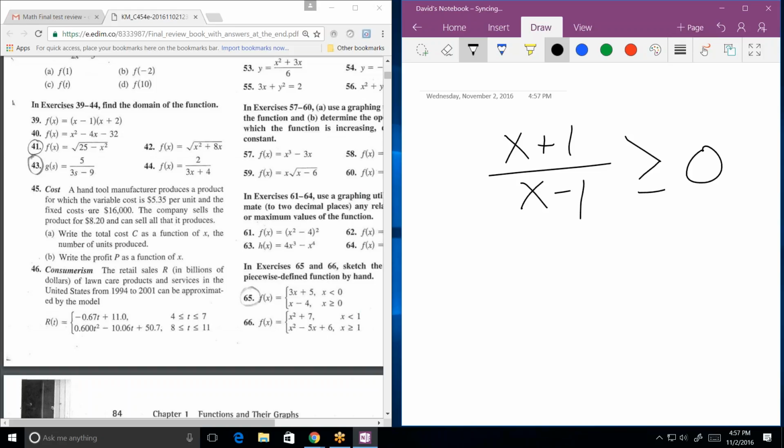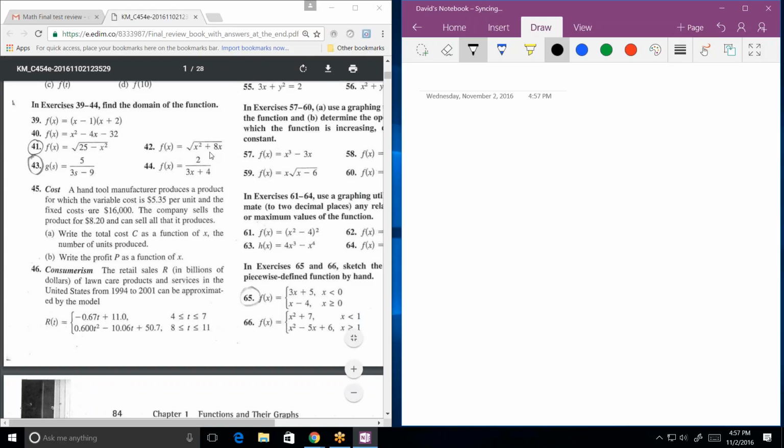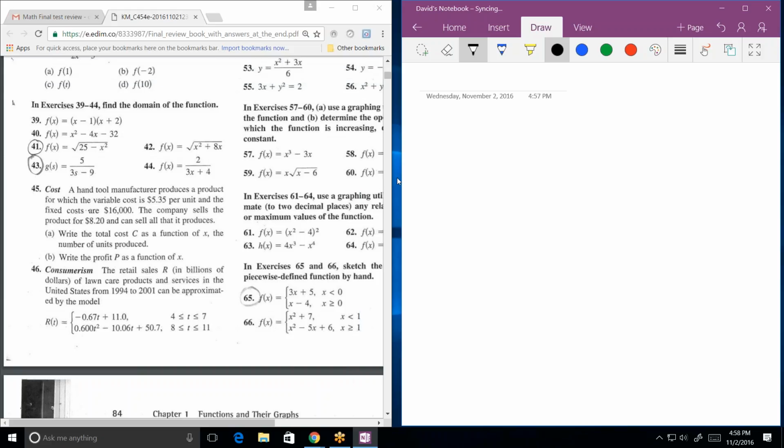But if I find my two critical points and go through the line chart analysis, and I just pick wherever the line chart shows me to be positives. So our domain on that one, I wrote it in interval notation, was negative infinity to minus 8 in combination with 0 to infinity.